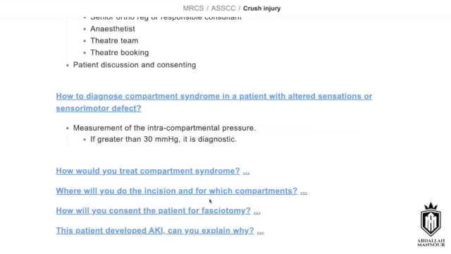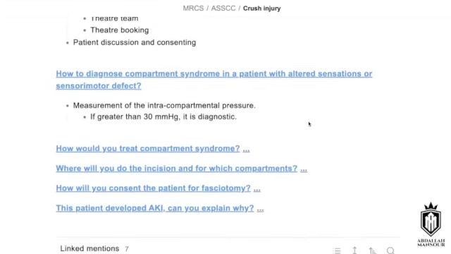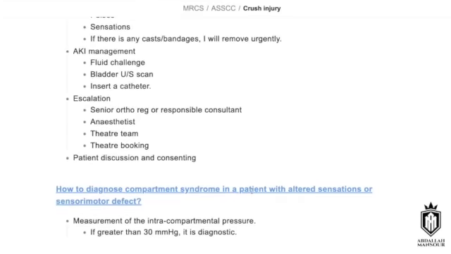In terms of relieving the compartment syndrome, we do a four compartment fasciotomy in theater, where the orthopedic registrar and anesthetics would be involved. So fasciotomy is the answer here, but well done that you went through the whole A to E approach. But of course, if the whole scenario was for yourself, you don't have to repeat it. You just want to say fasciotomy.